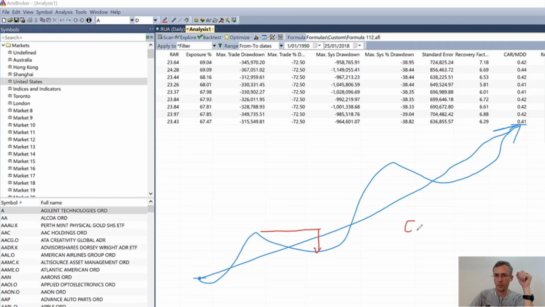So compound annual return over max drawdown. Let's take a simple example. If we made 20% return per year and we had a 40% drawdown, then CAR over MDD will be 0.5.